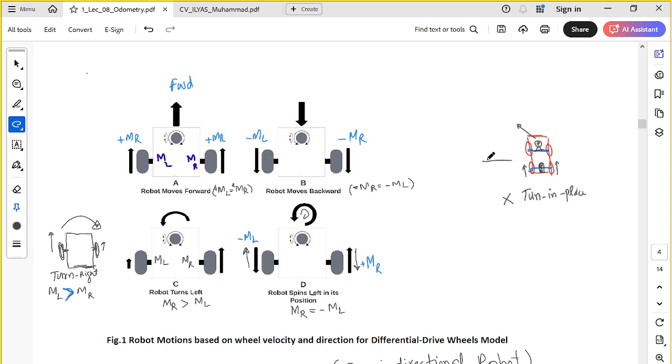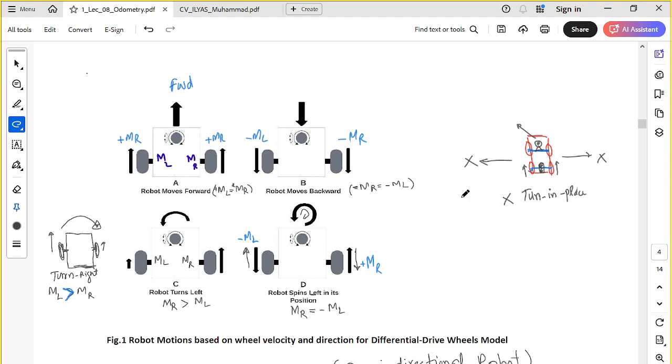But you cannot move like this. Similarly, in differential drive robots, you cannot move left and right instantly. So these are non-holonomic robots, but you can achieve this kind of motion: forward, backward, turn leftward, rightward.